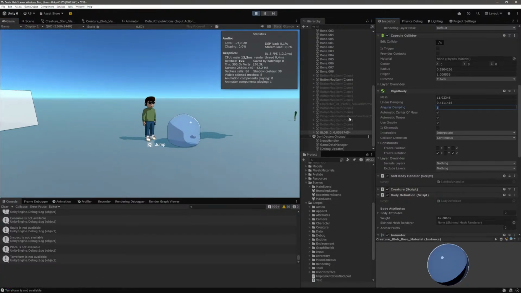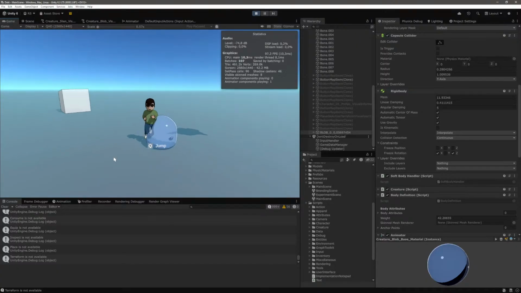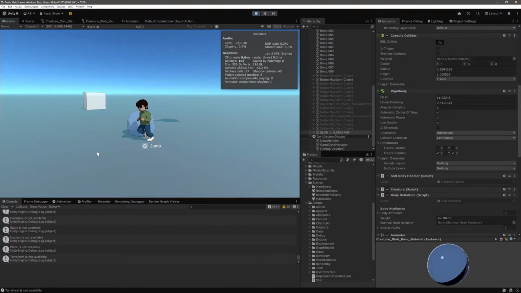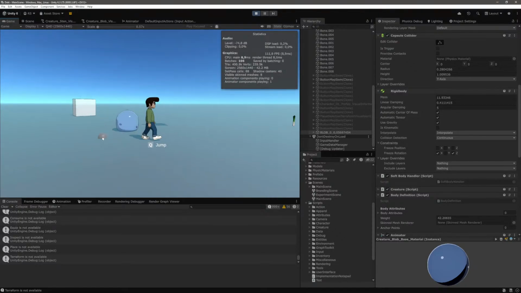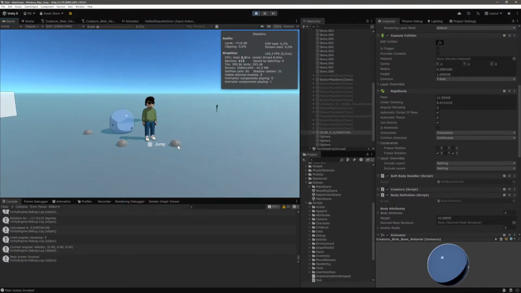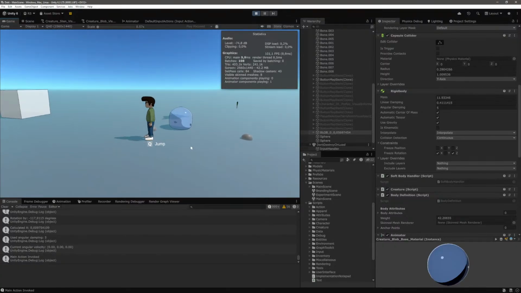Angular damping on 5 though gives us... It stops rotating, that's good. But if 5 is seen as a big number, that's pretty bad. And we get pretty good rotations like this. I guess I'm okay with that.